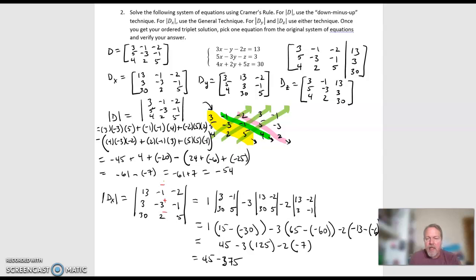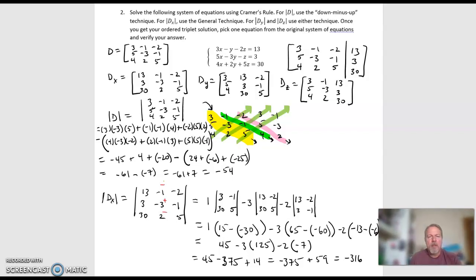And then negative 2 times negative 7 is a positive 14. So this becomes negative 375, 45 and 14 is positive 59. So negative 375 and positive 59, negative 316. That's a big number for the determinant of d sub x, but I'm pretty confident that the math is correct, so negative 316.